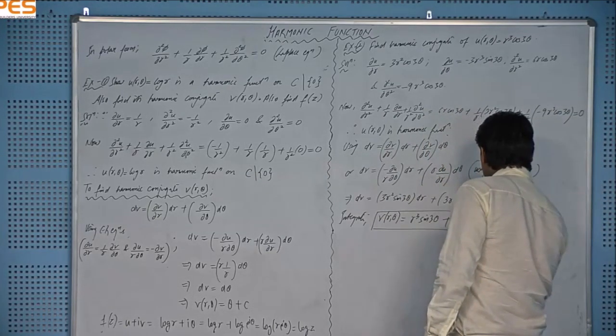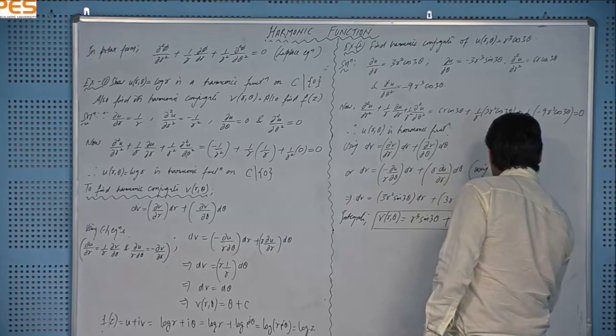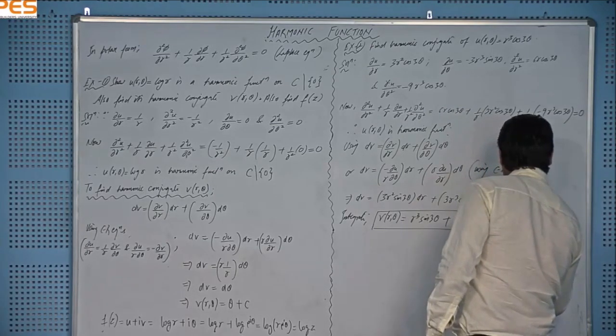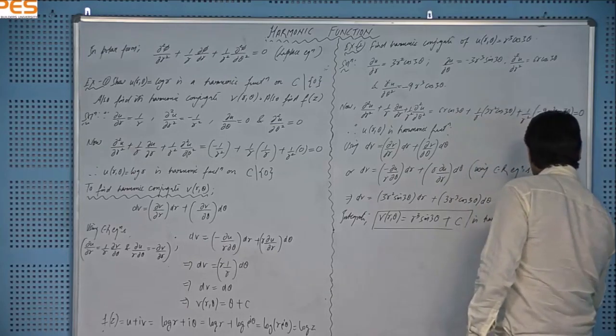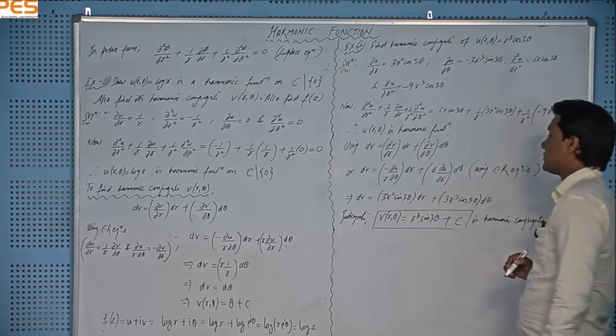This is the harmonic conjugate of u(r, theta) that is given in the question, right?